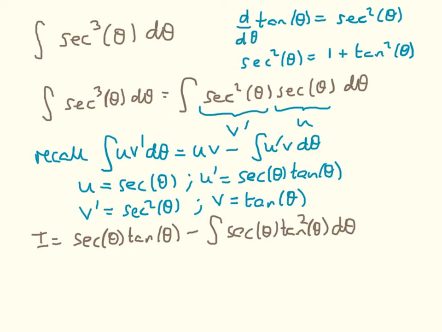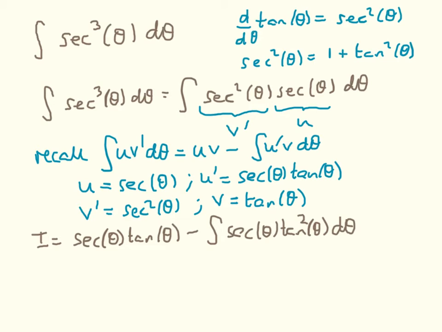So far in this question we've used this to integrate sec squared, and now we see a factor of tan squared and we think about the identity: tan squared theta is sec squared theta minus 1.